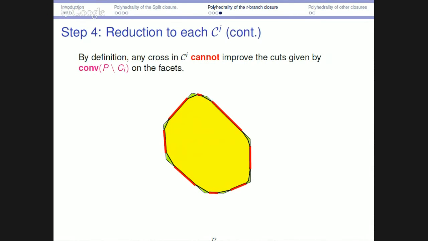And since any cross in CI is dominated on all the facets at the same time by this one, any cross here will not be able to improve this approximation on the facets. But it could improve it on the interior, as in the original geometric proof for the split closure.